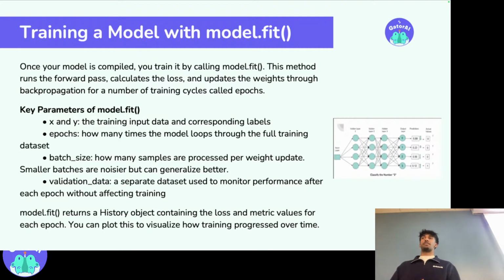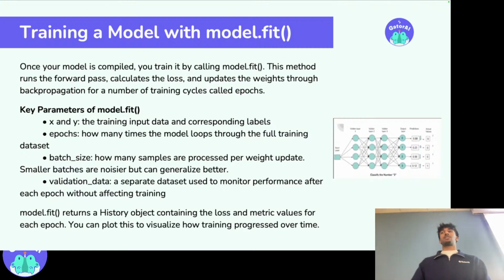After each epoch, TensorFlow reports the current loss and any other metrics you specified, and if you set validation data, it reports those too. You typically want to train for multiple epochs and watch the metrics improve over time. You don't want to do just one run of training, because the model's not going to learn it all in one run.